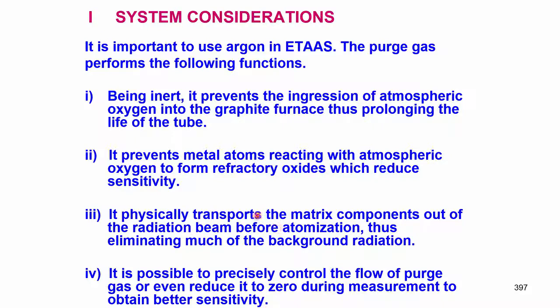What happens is, if I heat it before atomization to about 400 degrees centigrade, water will evaporate, organic substances will evaporate and burn, etc. So, first if I heat it to 400 degrees with argon passing, whatever comes out of the system, acid vapors and all those things, will be swept away before measurement. That is one of the plus points of electrothermal atomic absorption, it is an advantage.